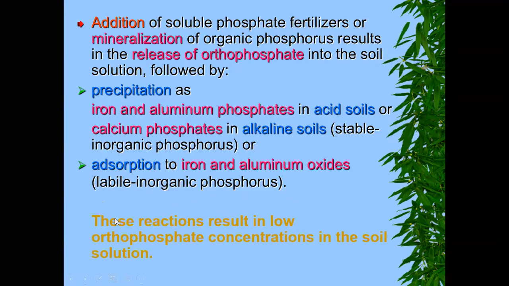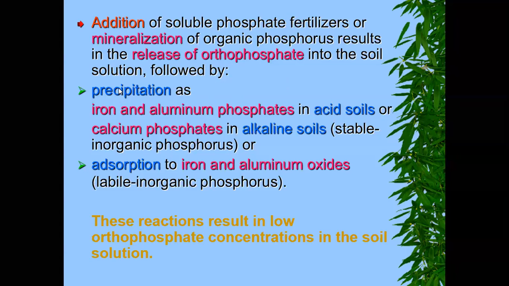These reactions, precipitation or adsorption, result in low orthophosphate concentration in the soil solution. So ये वो reasons हैं जिसकी वजह से phosphorus soil solution में बहुत कम होती है, कि जो भी एडिशन करते हैं आप फास्फोरस की, या फास्फोरस की मिनरलाइजेशन होती है, तो क्या होता है कि वो फास्फोरस is either precipitated.